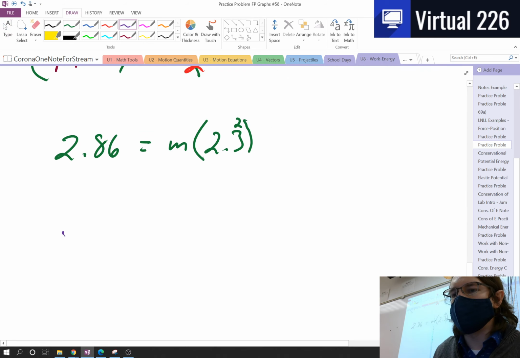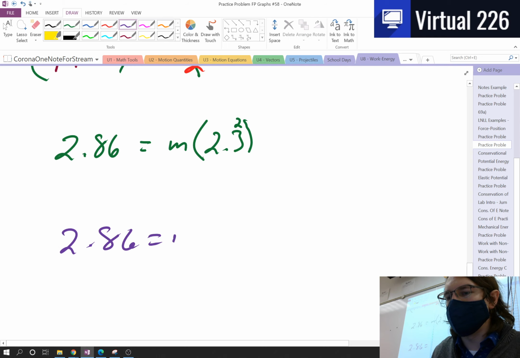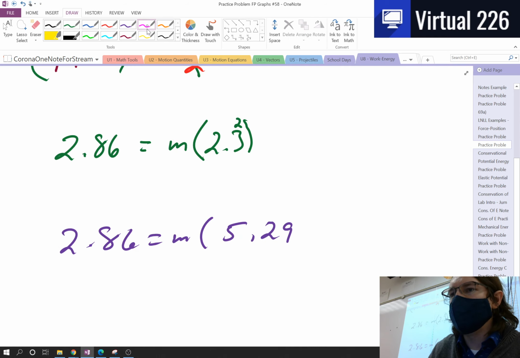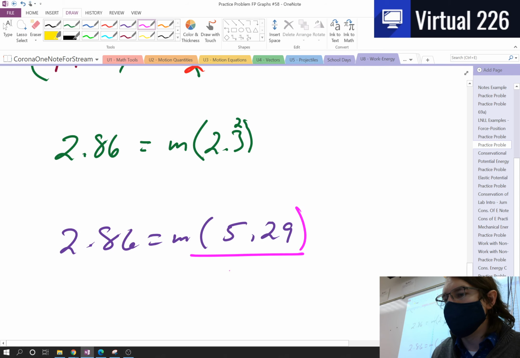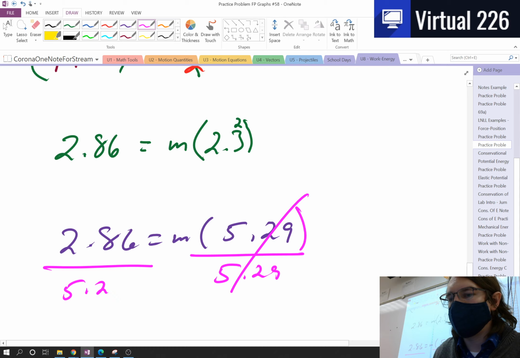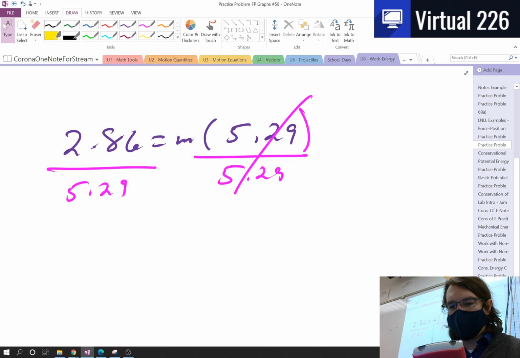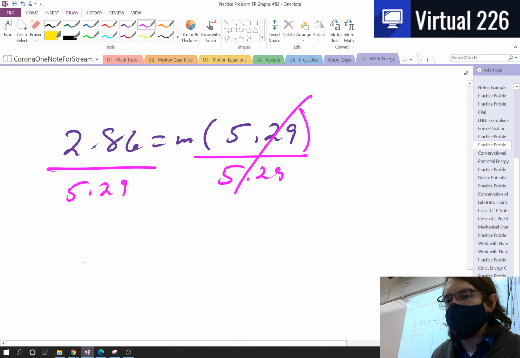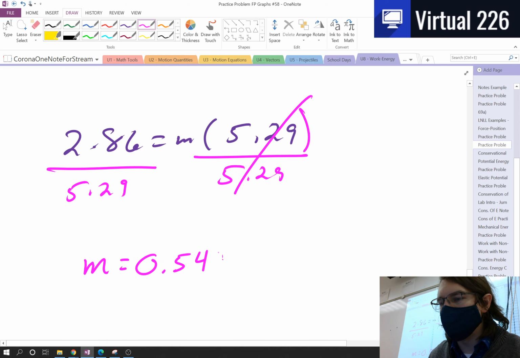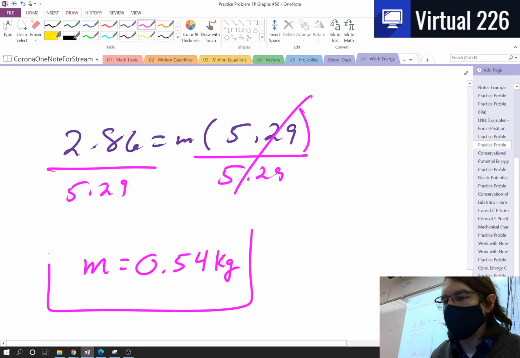So let's just rewrite this: 2.86 equals m times 5.29. And then we simply divide by the 5.29. 2.86 divided by 5.29 gives us a final mass of 0.54, and because we're in SI units, this must be in kilograms.